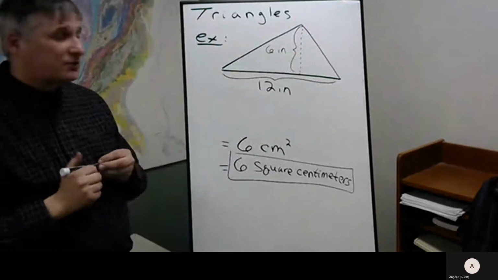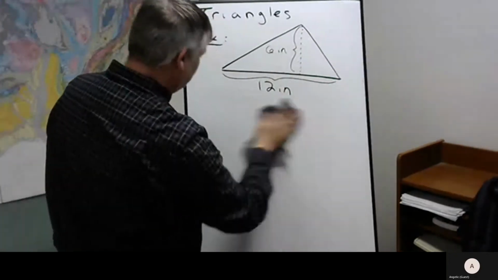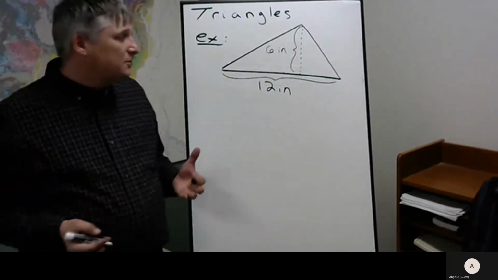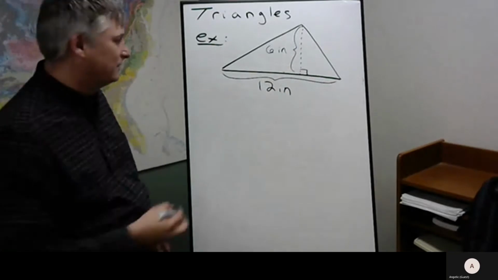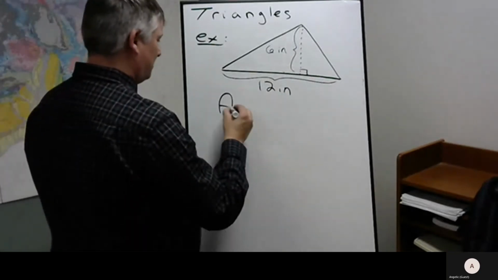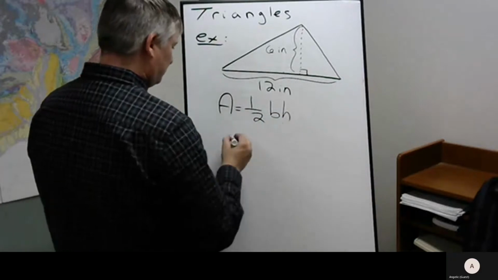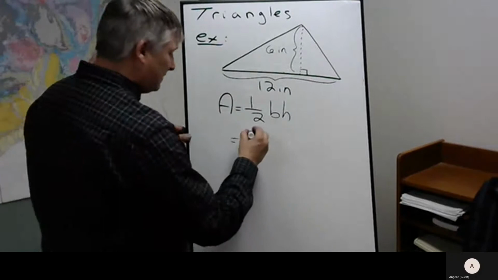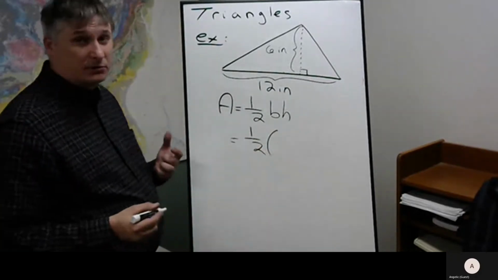So a base of 12 inches and a height of 6 inches. So again, what we're going to do is use the area formula. 1/2 base times height. Now this 1/2 is always going to be here. That's a number that will never go away when we're working with the areas of these triangles.